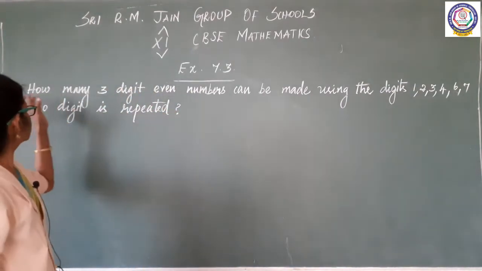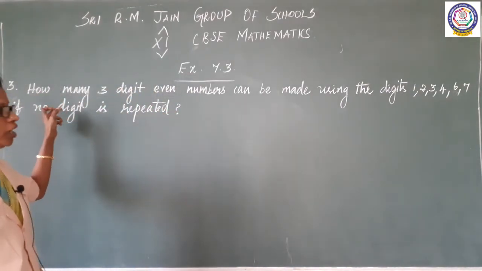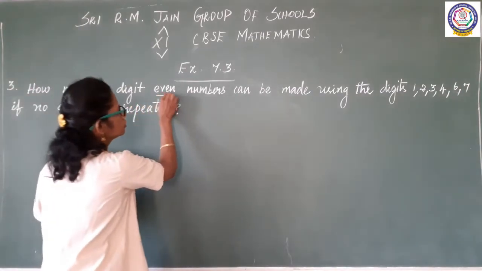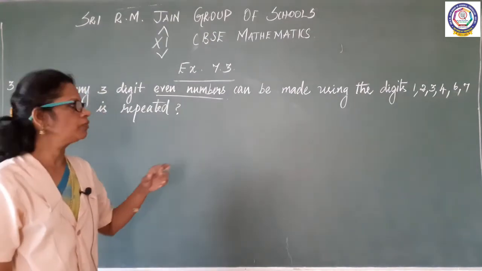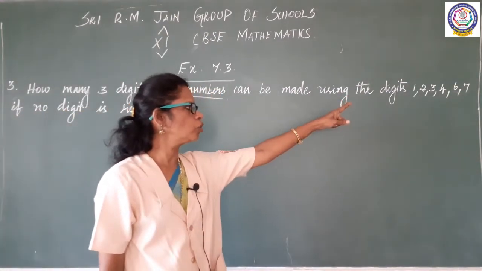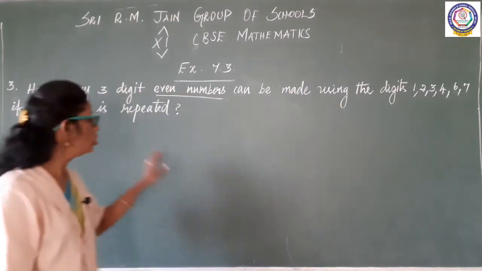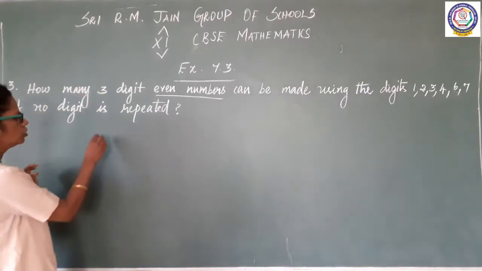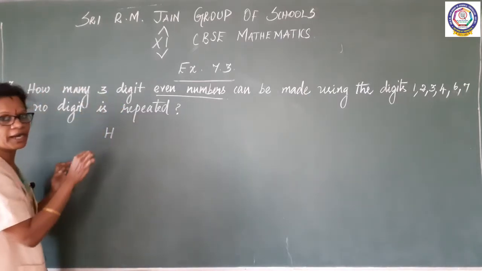Today I am going to discuss the next question, question 3. How many 3-digit even numbers can be made using the digits 1, 2, 3, 4, 6, 7, if no digit is repeated, right? 3-digit. So, immediately what should come to your mind?